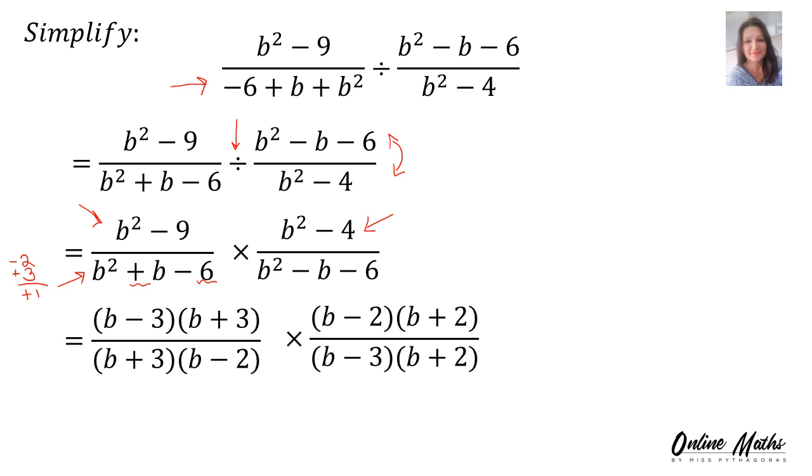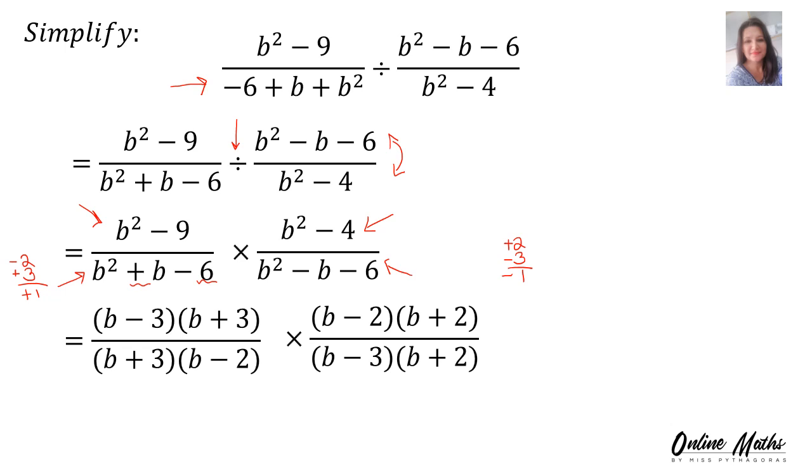And then here, again, you can factorize. So you say, the factors of 6 are 2 and 3. I want the middle term to be negative 1. How can 2 and 3 give me negative 1? Plus 2 minus 3. So your factors are b minus 3, b plus 2.